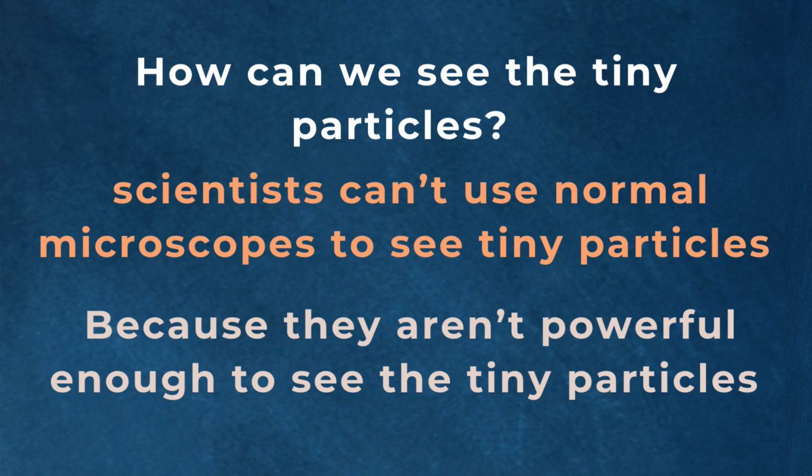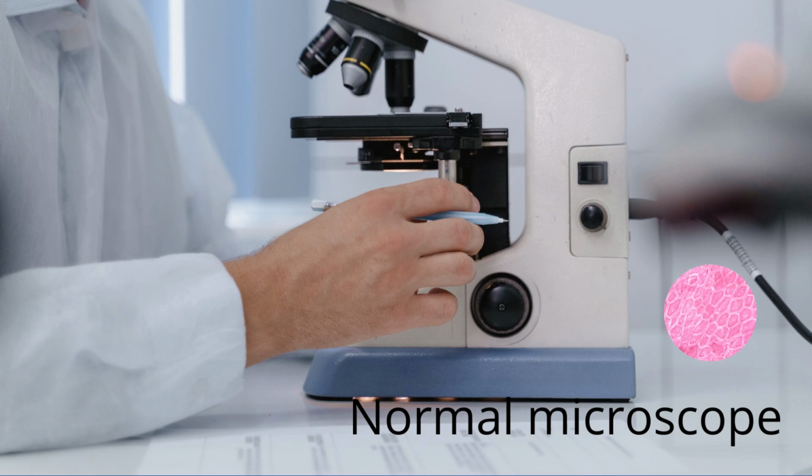This is because the normal microscope isn't powerful enough to see these tiny particles. By using the normal microscope, we can see the overall of the particles, as we can see a huge number of particles, but we can't see each particle, what is inside each particle.